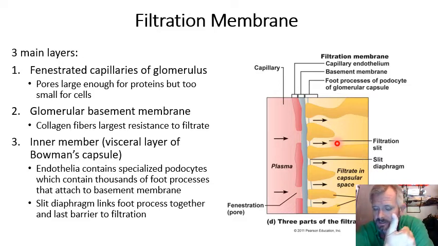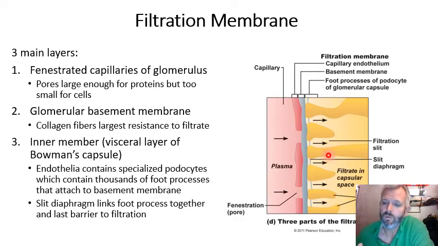You shouldn't have cells in your urine. Okay, only small items, again, stuff like glucose, amino acids, bicarbonate ions, all your ions like sodium and chloride and potassium, those all can get filtered out and make their way through the filtration.